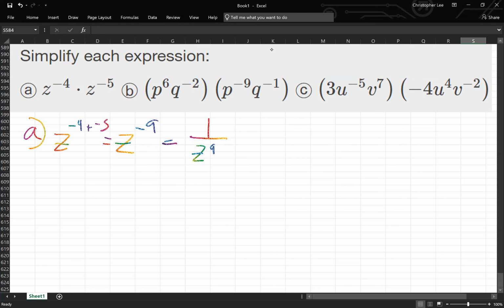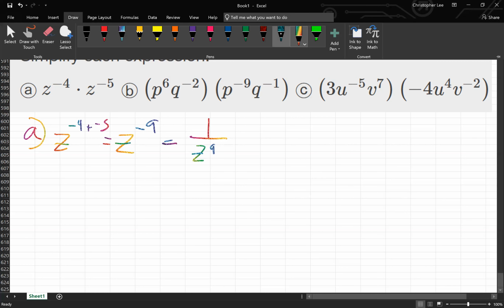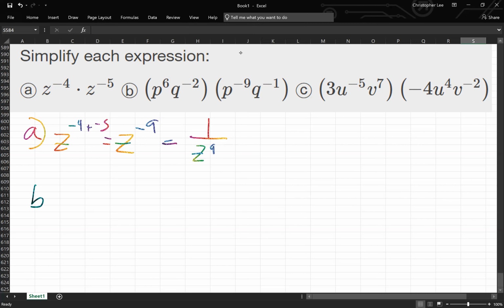Let's look at B. B is a little different. All right, so I have p to the 6 with q to negative 2 times p to the negative 9, times q to the negative 1, right? What's my answer going to be? Let's start off with the p. What's that going to be?